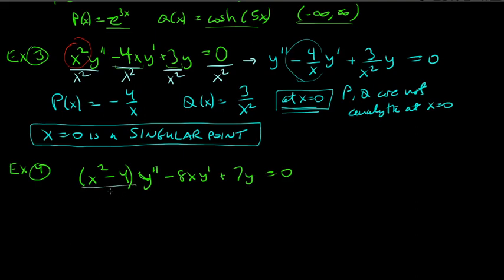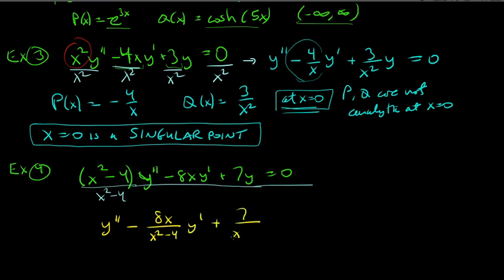This is not 1, so we have to divide by it, both sides. And when you do that, the normal form will be y double prime minus 8x over x squared minus 4 times y prime plus 7 over x squared minus 4 times y equals 0.